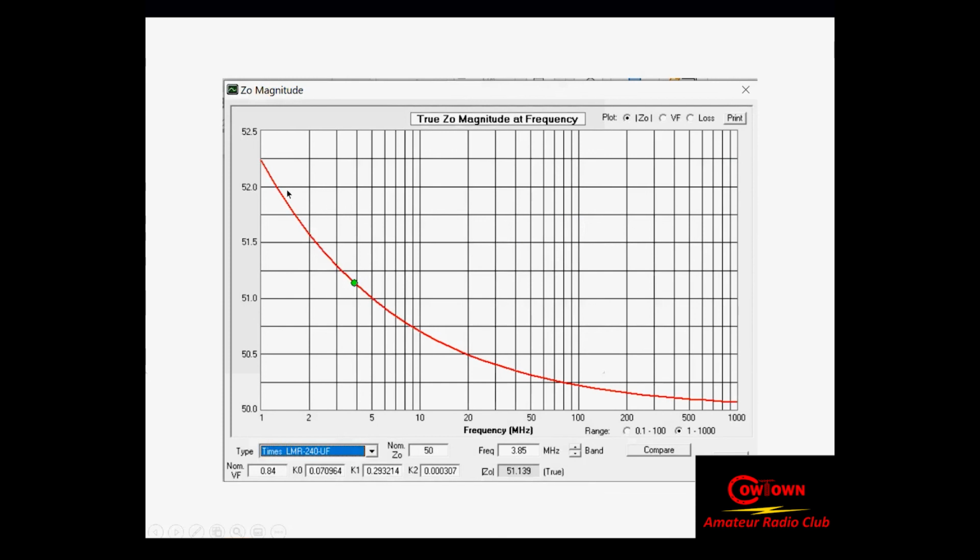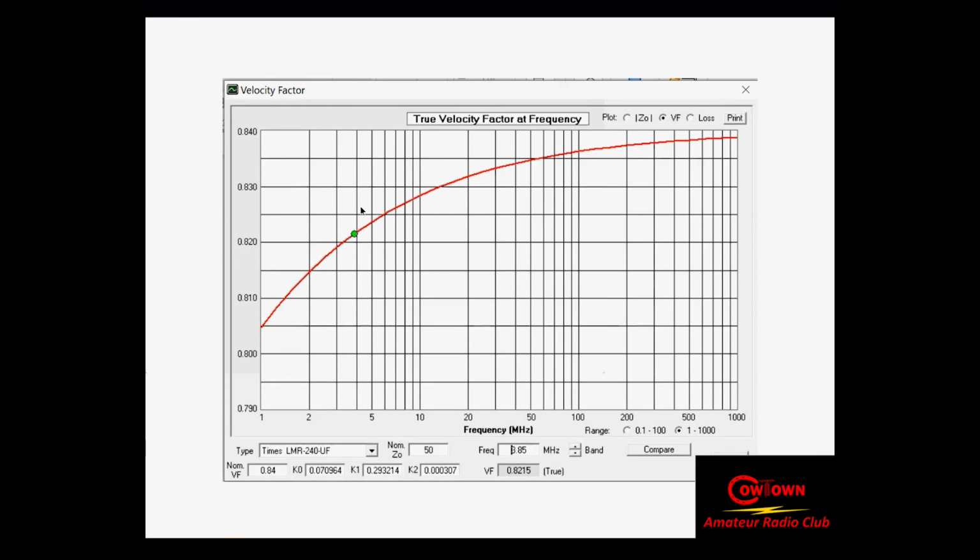Here's the characteristic impedance, and it changes quite a bit. It changes roughly almost 2.25 ohms of characteristic impedance over the length of the graph. And here's the true velocity factor. It's changing a lot too. So at 3.5 megahertz, it's 0.82.